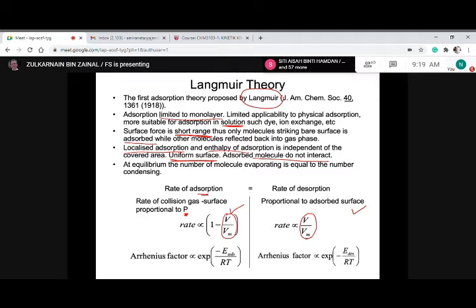And then, of course, you have to also multiply that with the Arrhenius factor, right? So a bit of thermodynamics I have to involve there. Which is the exponent of E_ADS over RT for the adsorption, and E_DES over RT for desorption, right?